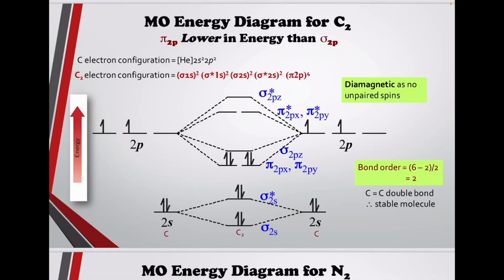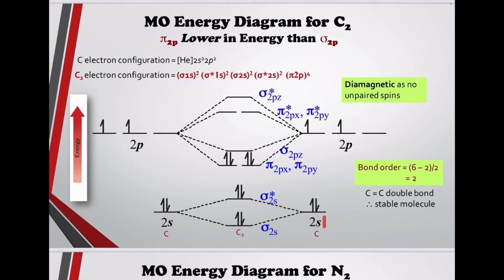Molecular orbital energy diagram for C2, pi 2p lower in energy than sigma 2p. Carbon electron configuration, so this is the valence electron 2s2 2p2, and draw the molecular orbital. So here is the 1 2 1 2 because of this C2, and carbon here is 2s2 2p2.